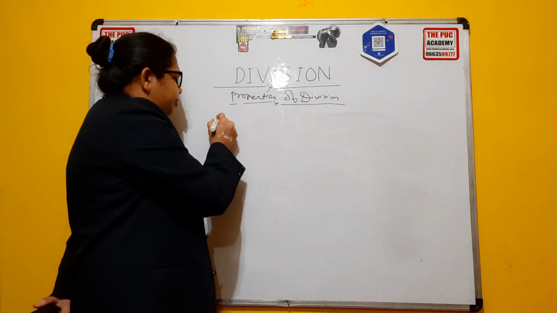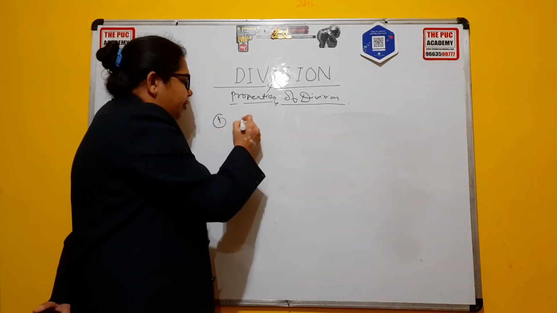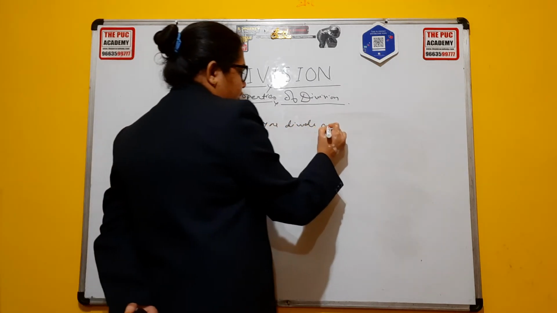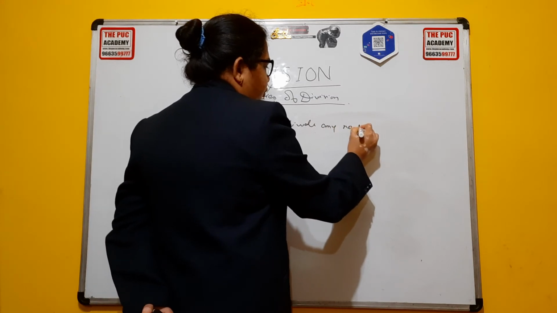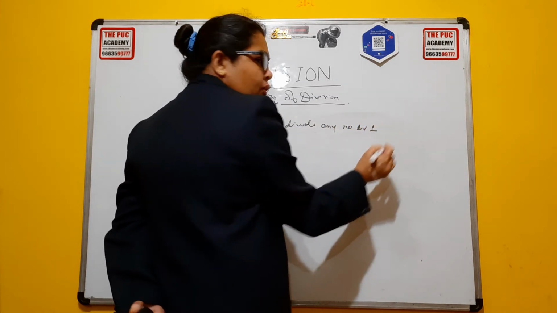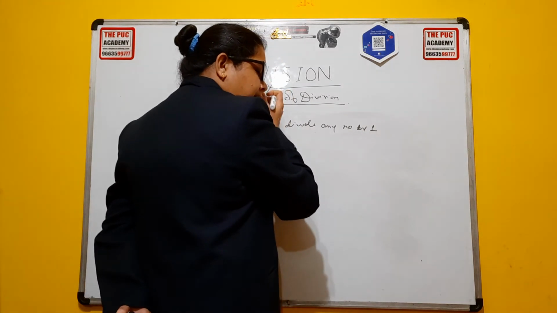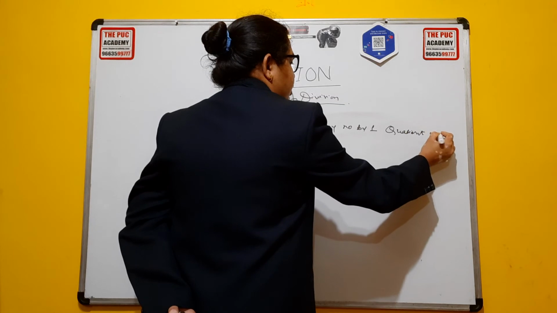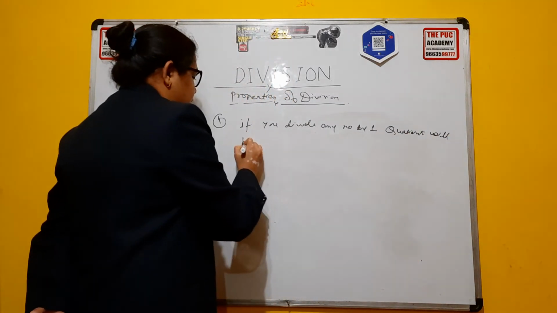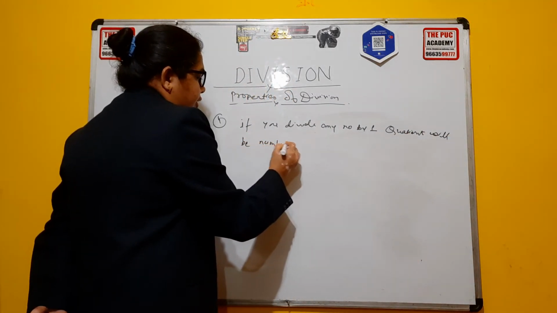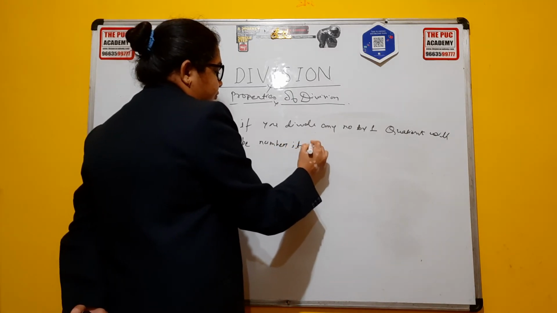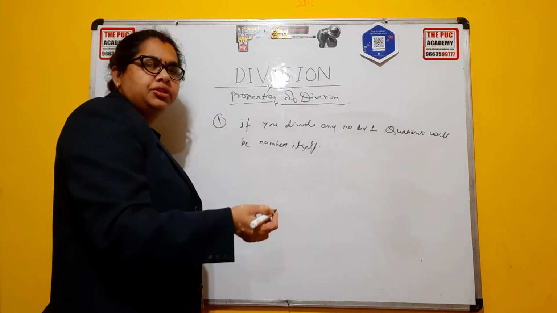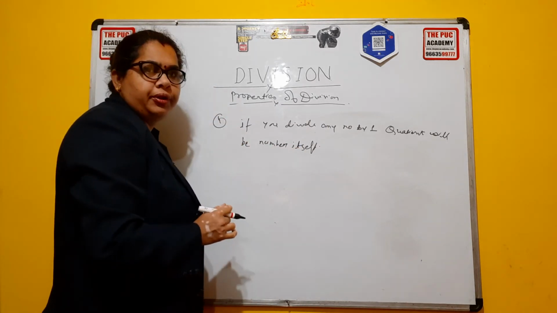Property number 4: if you divide any number by 1, the quotient will be the number itself, or your result will be that number itself. Okay, children. This is your property number 4.